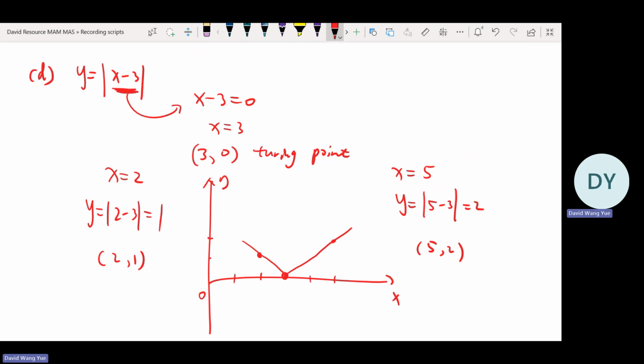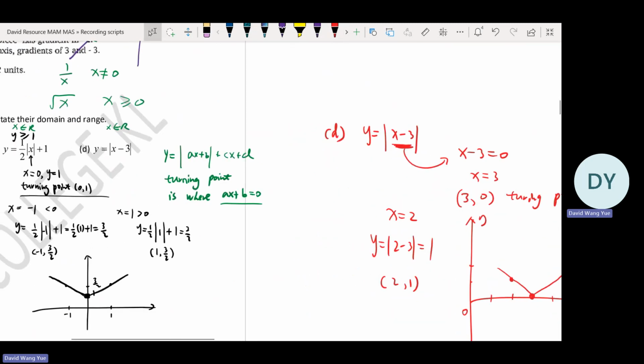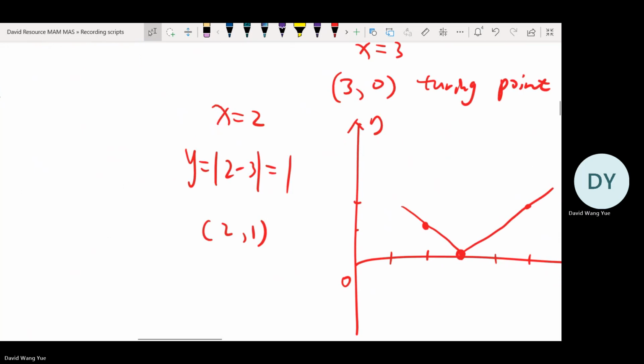The range of y is at least 0, because this is the turning point, and this turning point is also the minimum. You cannot call it a local minimum because it's not a stationary point.